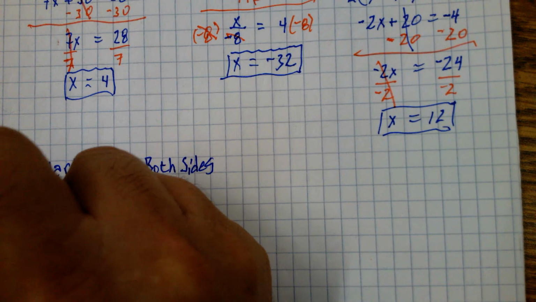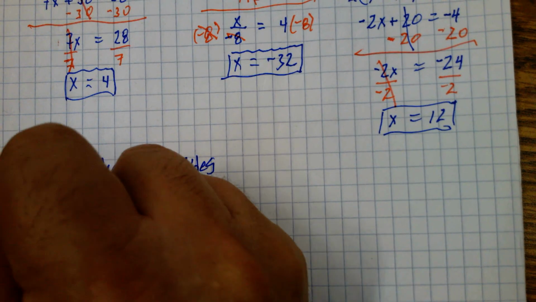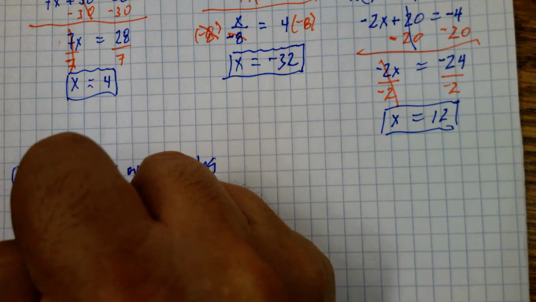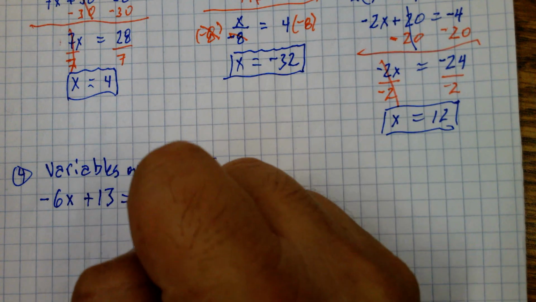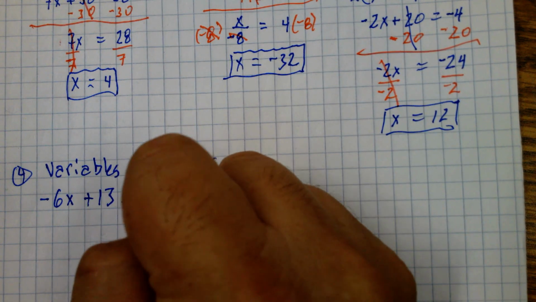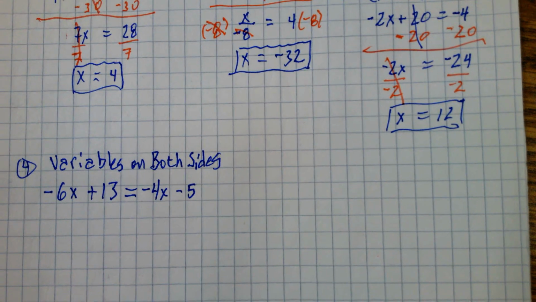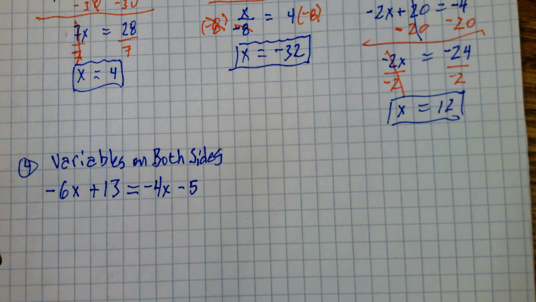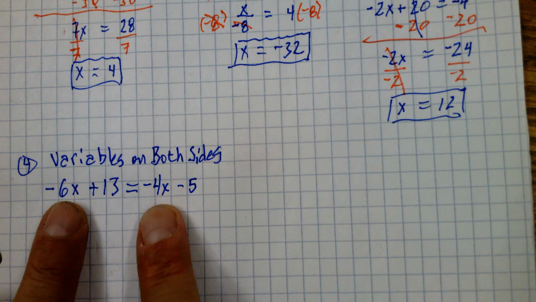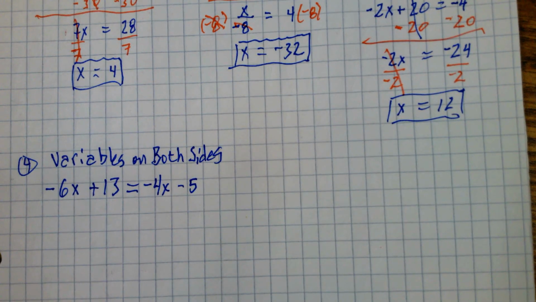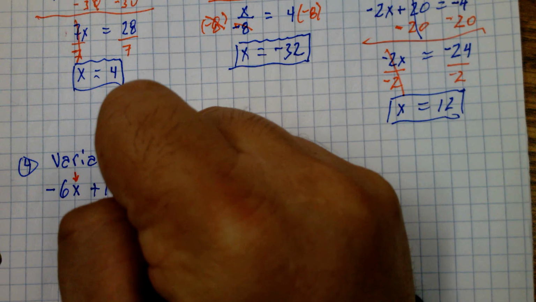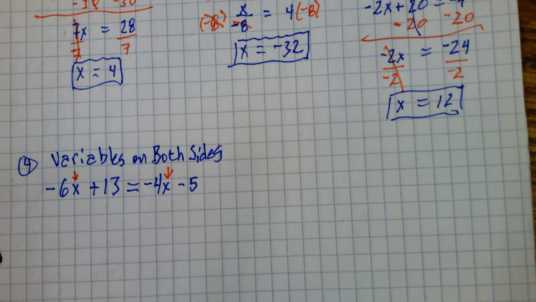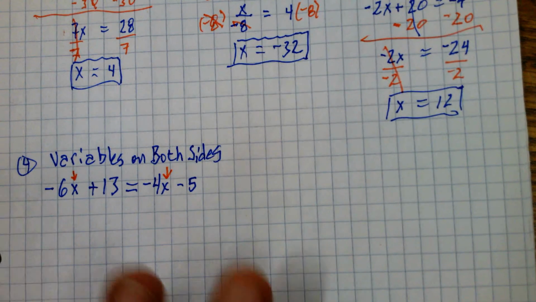Negative 6 times x plus 13 equals negative 4x minus 5. Okay? All right. So variables are on both sides, as you can see here. Here and here. So what we want is variables either just on the left or on the right.